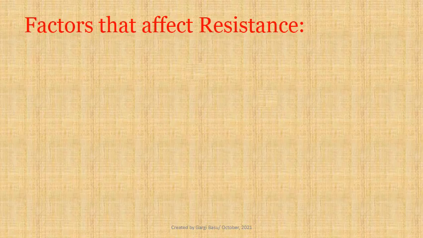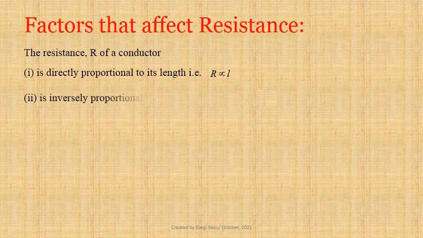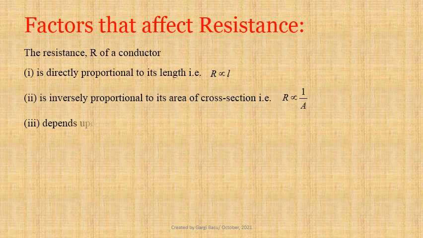When temperature remains unchanged, the resistance of a conductor is directly proportional to its length, that is, R is proportional to L. It is inversely proportional to its area of cross-section, that is, R is inversely proportional to A, and it depends upon the nature of material.